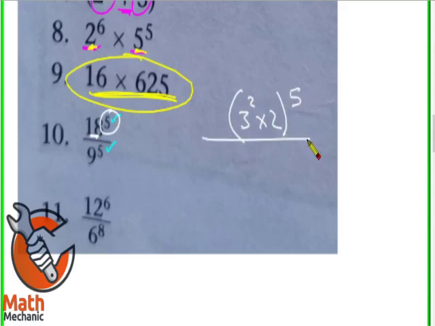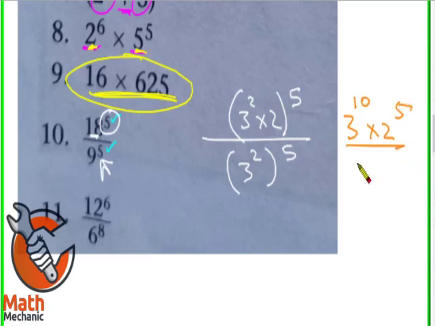Below the line you've got 9, which is 3 squared. Put that in brackets and add the exponent. Now it becomes the third exponential law. So that will give you 3 to the power of 10 times 2 to the power of 5 over 3 to the power of 10, and then you'll notice how easy those will cancel, and your final answer would just be 2 to the power of 5, just by working with prime factors.